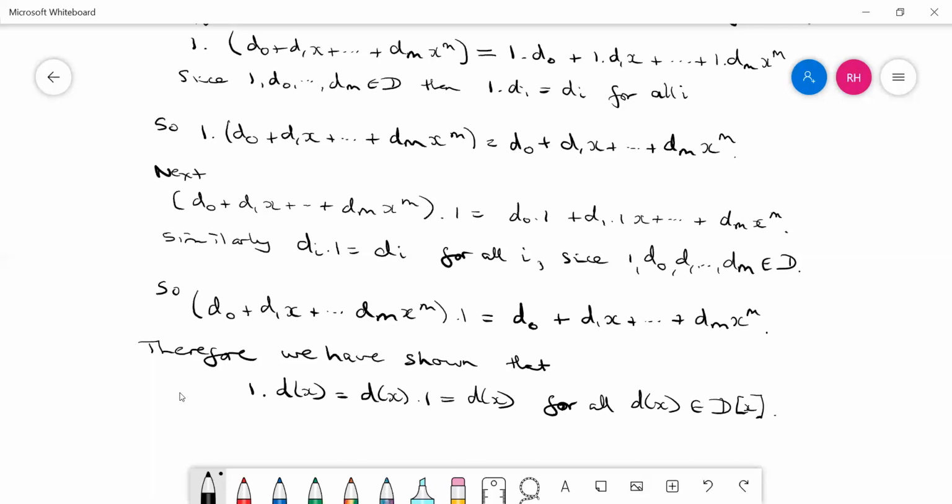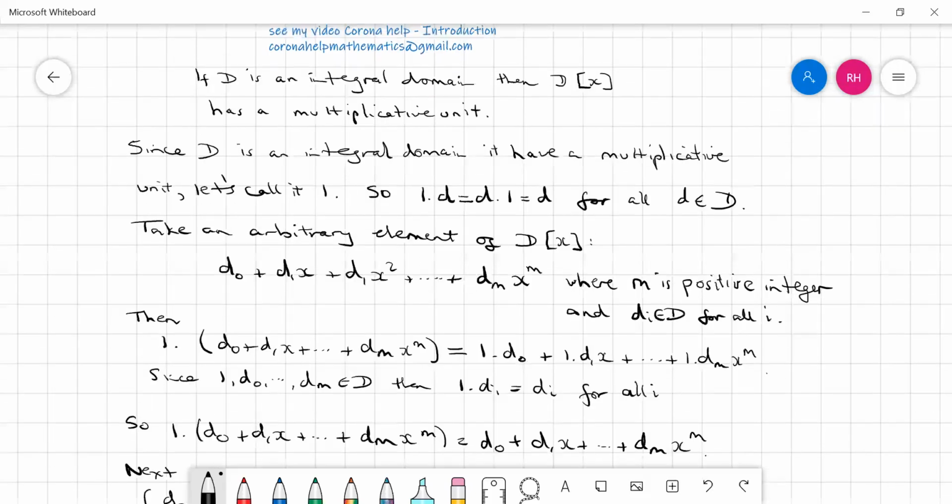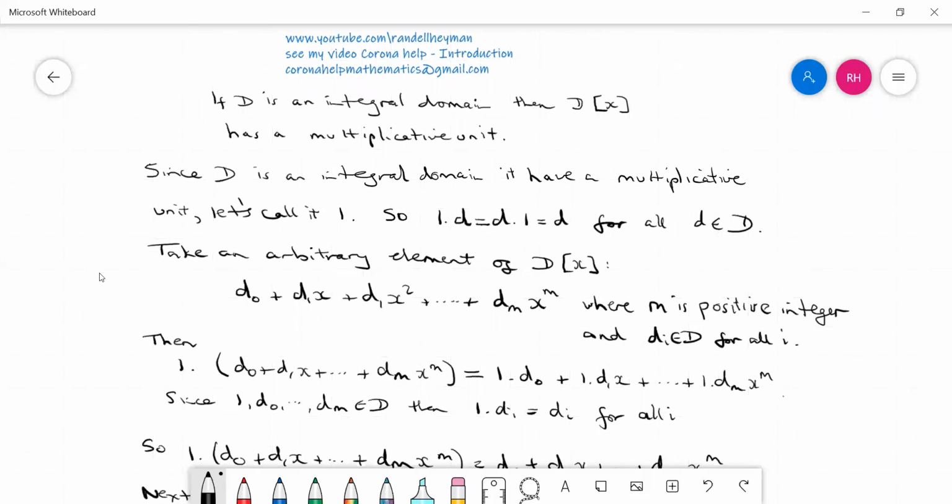Therefore, thus, D[x] has a multiplicative unit. So I didn't write the proof up the top, but that's basically the idea of the proof in some detail. So I hope that's helped out the person who asked that question.